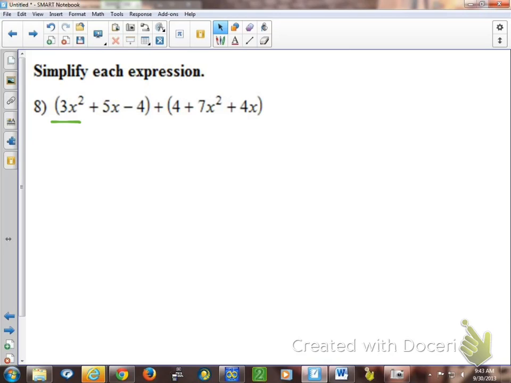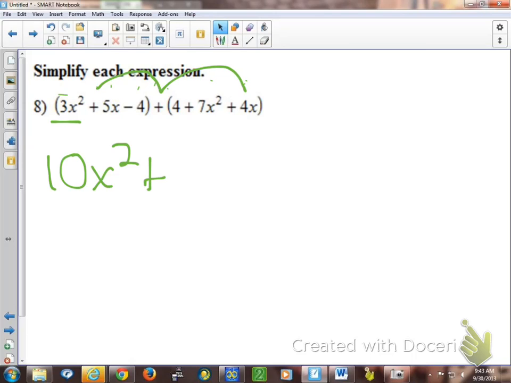3x squared plus... Now, don't just do the first one, second one, third one. It's all about like terms. 3x squared and the 7x squared go together, and how much is that? 10x squared. Remember, when you're just adding or subtracting, you don't do anything with the variables. They just stick around. 5x plus 4x, don't do anything with the x's, just leave them.